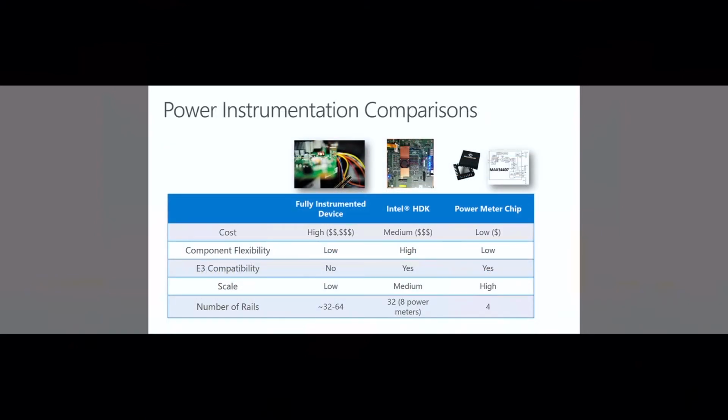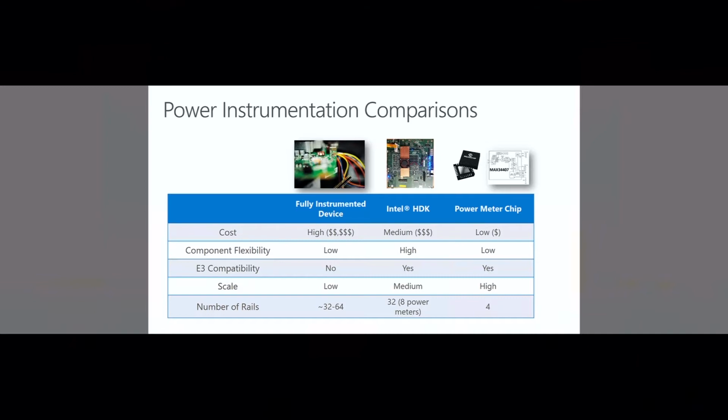So let's compare the various power instrumented solutions that are available to partners for debugging and optimizing for power. Fully instrumented devices typically monitor 32 to 64 rails, have low component flexibility, are not compatible with E3, and do not scale due to their high cost.